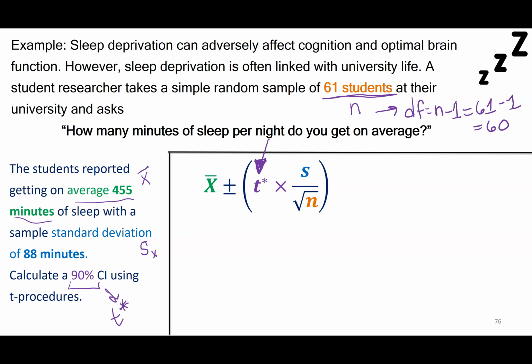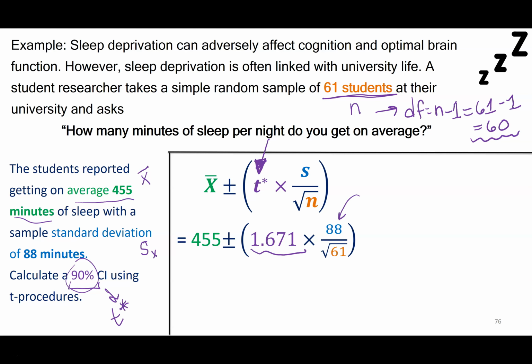This tells me what row to use, and we can talk later about if there isn't a row that goes exactly with our degrees of freedom. And then for the column, we look along the bottom of that table to find where it lines up with 90%. So here's my t star.